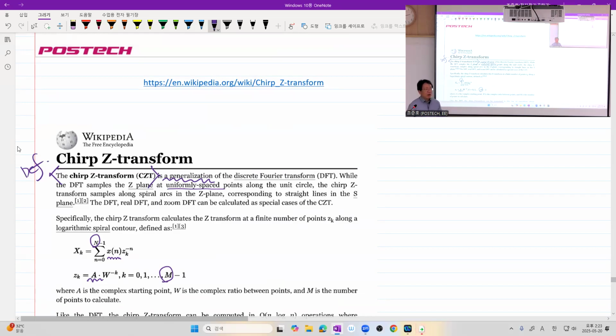And also, I have found that I really wanted to revive my Wikipedia account to modify this page, because on one side, our textbook is more general in the sense that when they introduce the chirp transform algorithm, they want to evaluate the chirp Z transform at capital M different frequencies for a length N vector.